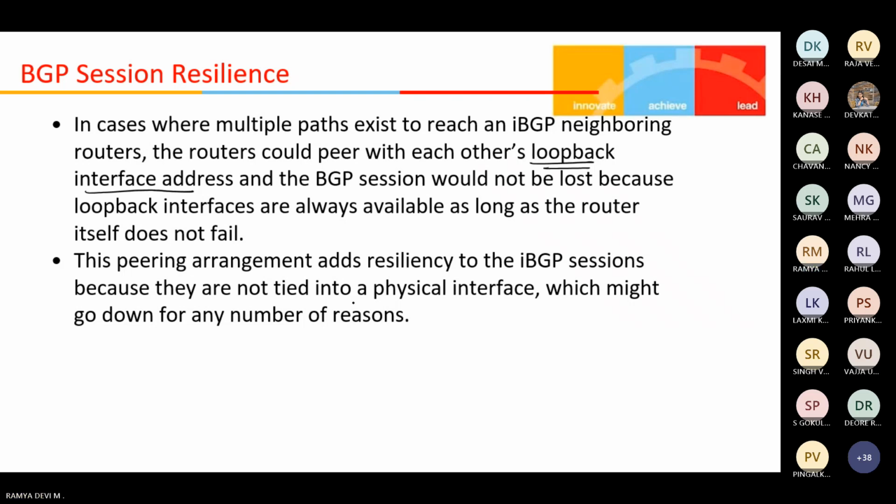What is the advantage of loopback addresses? The loopback address remains active as long as the router itself is operational, so the BGP sessions stay up even if the physical interface fails. This approach increases the reliability.